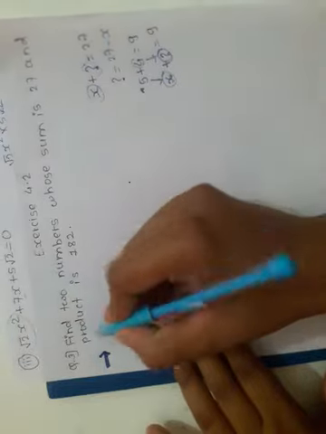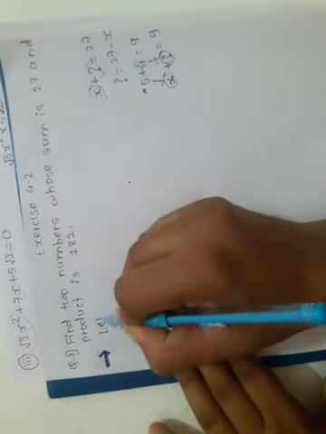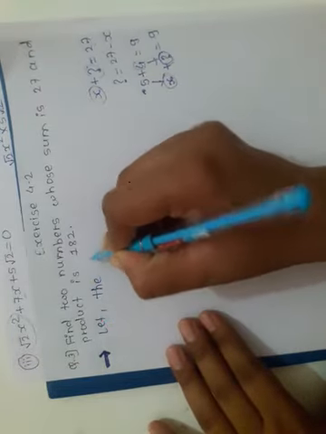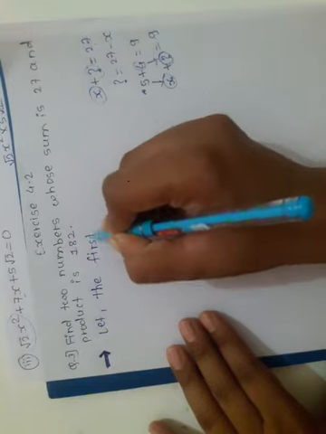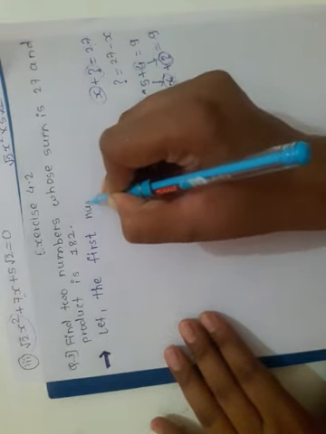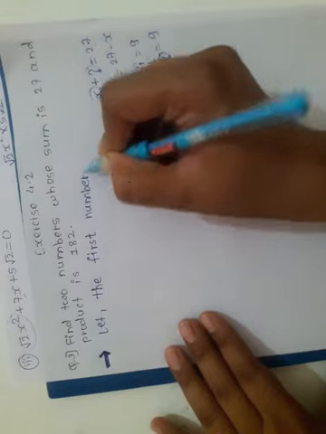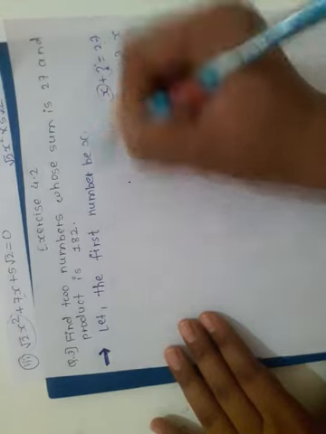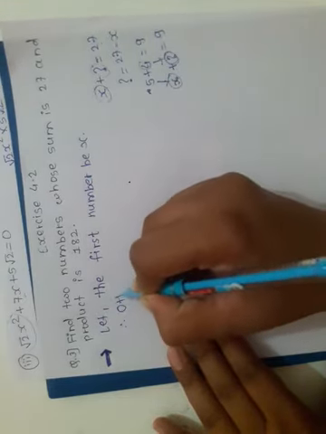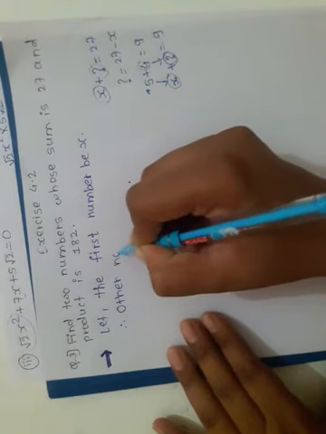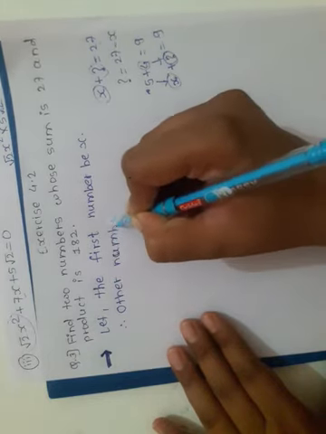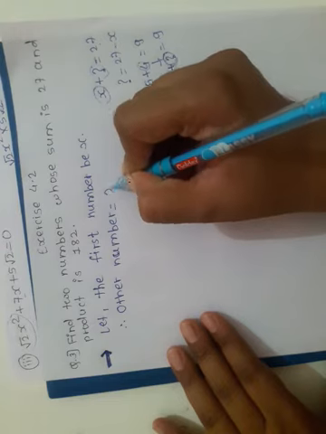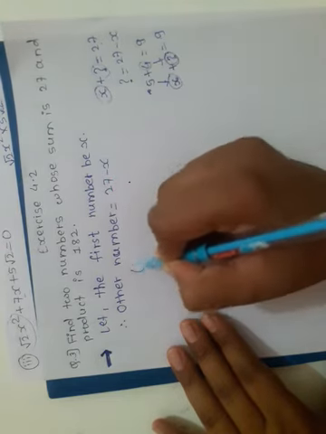So suppose the first number is x. Let the first number be x. Therefore the other number is equal to 27 minus x. How can we say that?